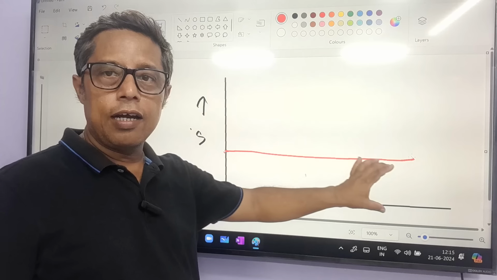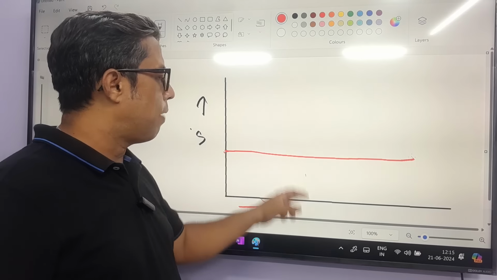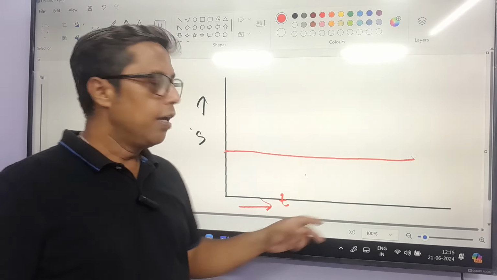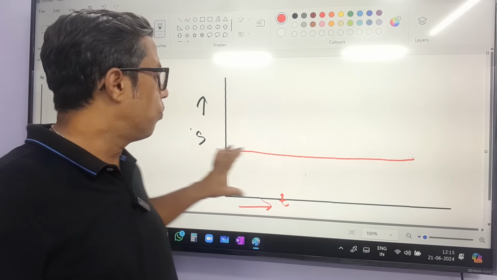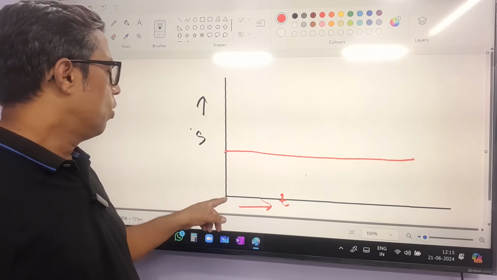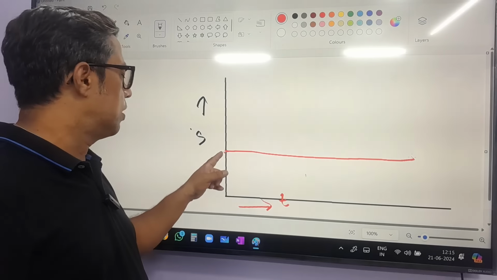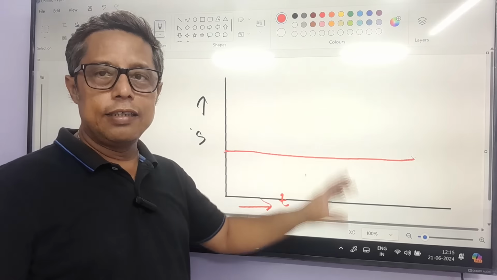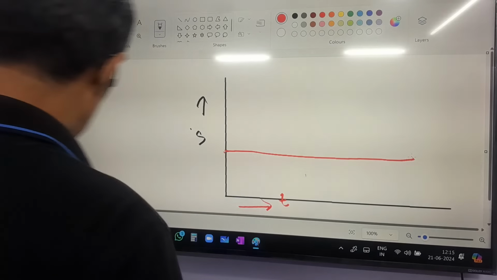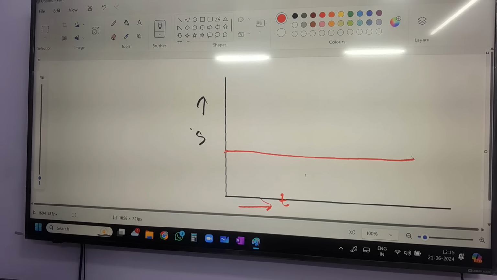Because this is a parallel line, and parallel lines mean the vertical distances are the same. So the y value is not changing: when t is equal to 0, there was a value of the displacement, and that value is not changing in this graph. So this graph is presenting an object at rest.